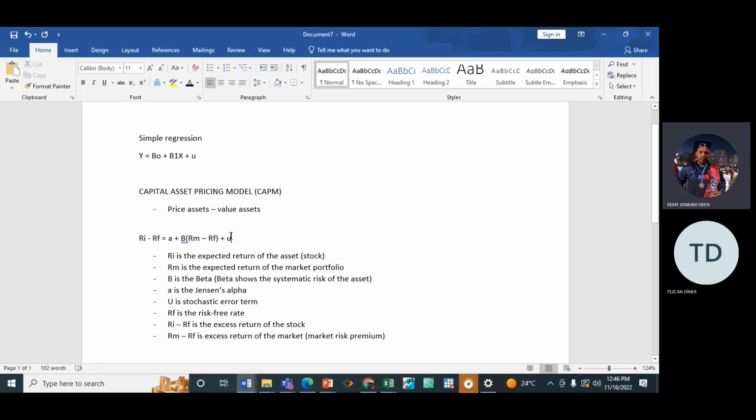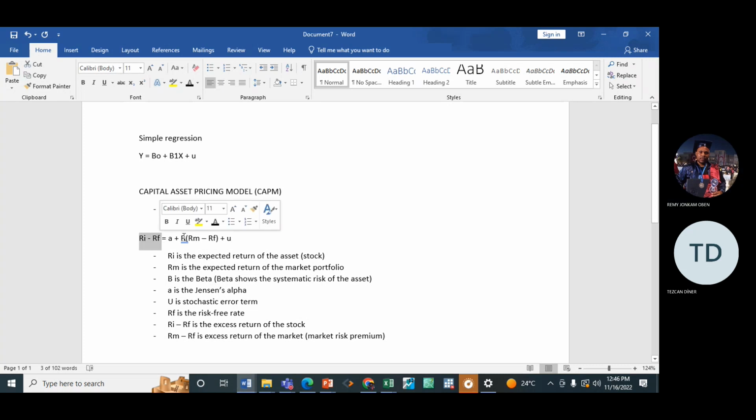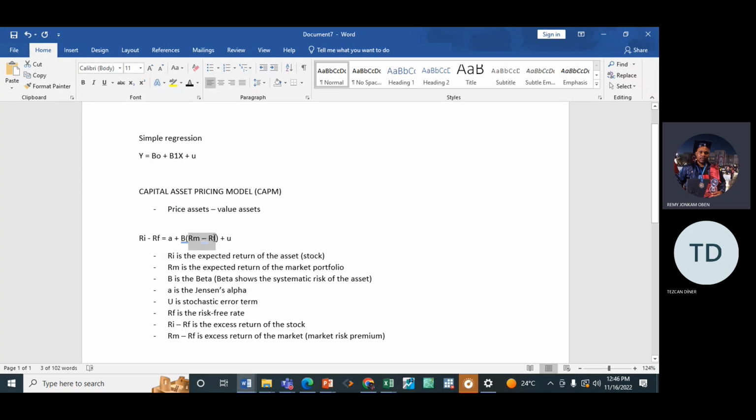So what is the CAPM model telling us? It is telling us that the excess return of the stock depends on the excess return of the market times the risks, systematic risks of the stock, right? That's basically what the CAPM is telling us.